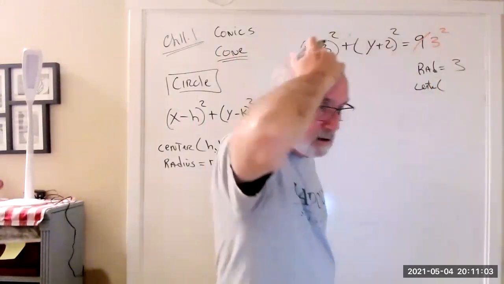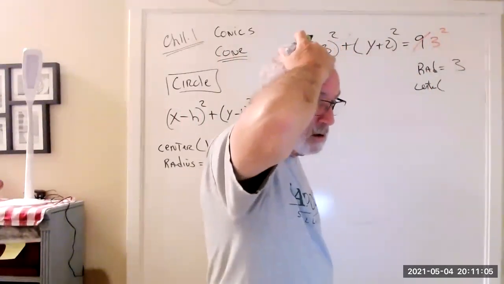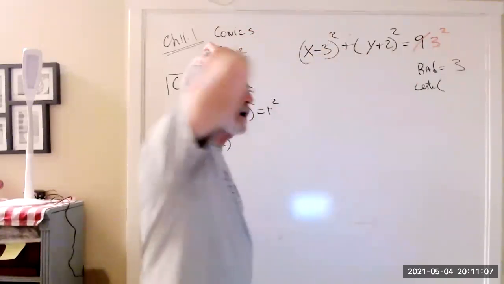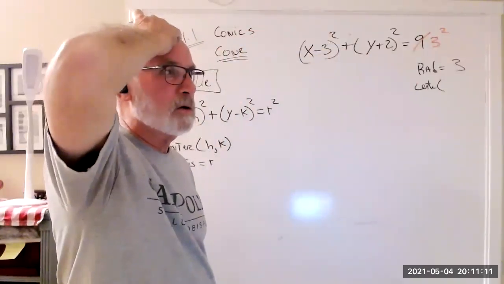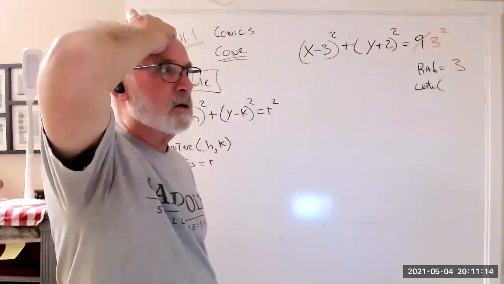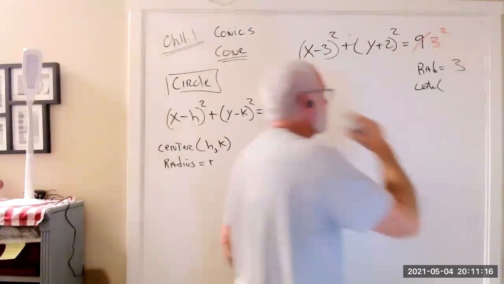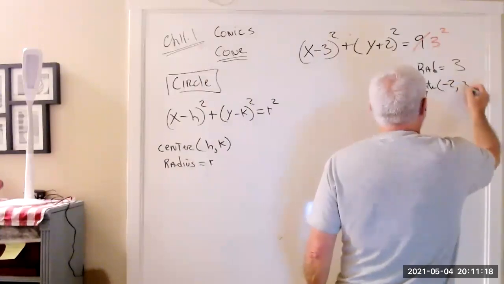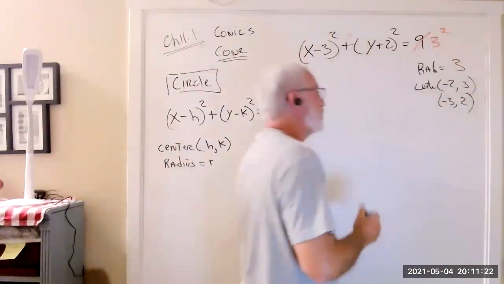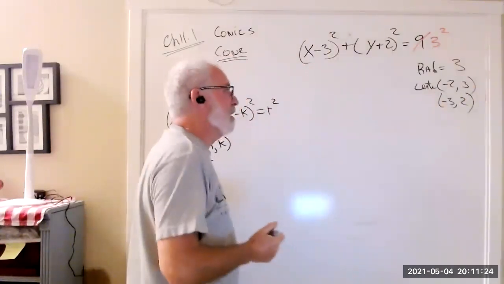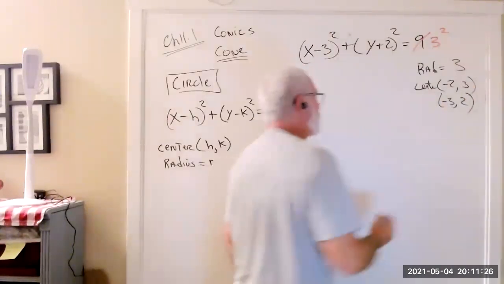Who said that? Lindsay. Okay, you're on the right track, but who always comes first on an ordered pair? -3, 2. Okay, well, let's look at this. -2, 3, -3, 2. Anybody want to take another shot? 3, -2.